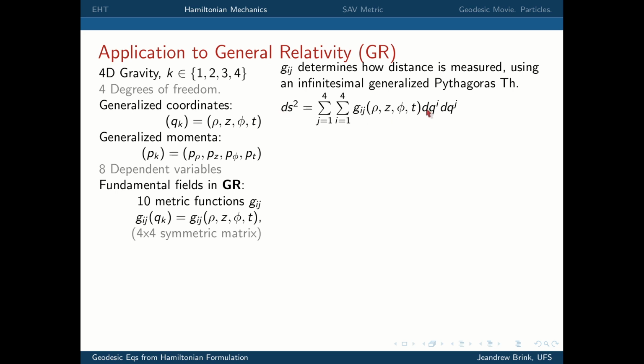Rather, we have increments in the generalized coordinates, and at each point we multiply it by the metric that simply says how much that increment influences the distance measured at that point. Okay, and this is possibly the biggest contribution that a secretary has made to General Relativity.